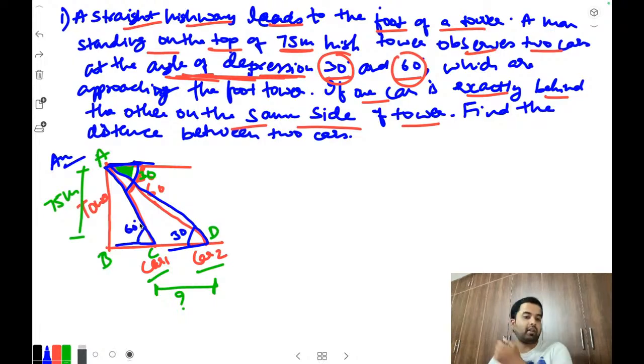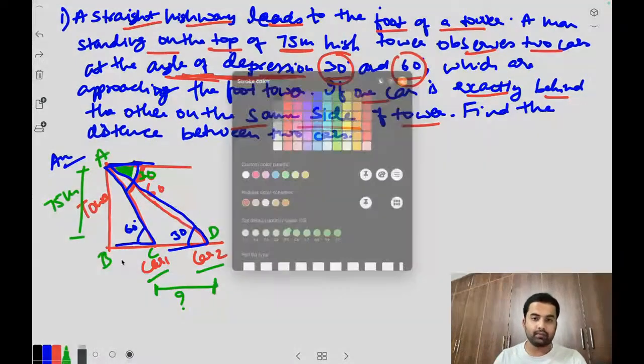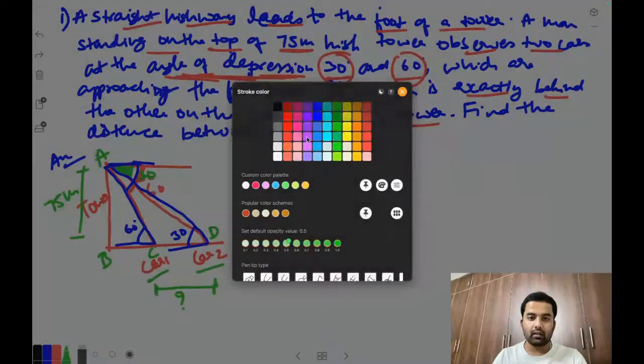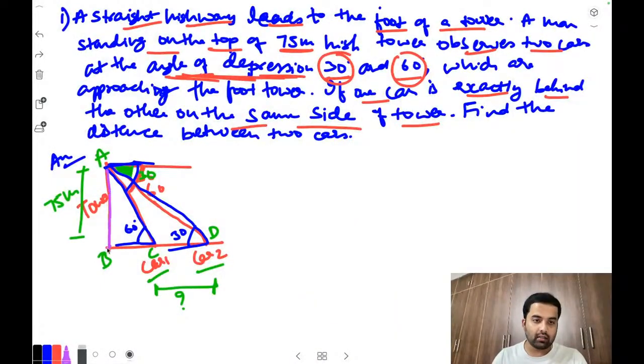Now, can you figure out the answers here? I hope you can do it now. Try to figure out the answers, everyone. First, what are you going to do? Take triangle ABC, because you have theta and the perpendicular, so you can easily figure out the base. Try that.